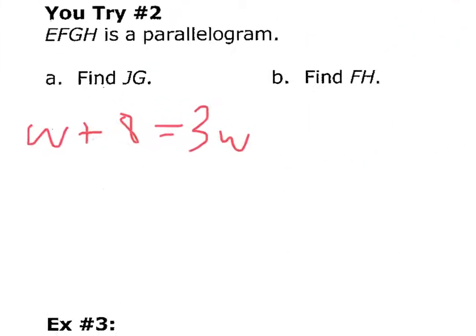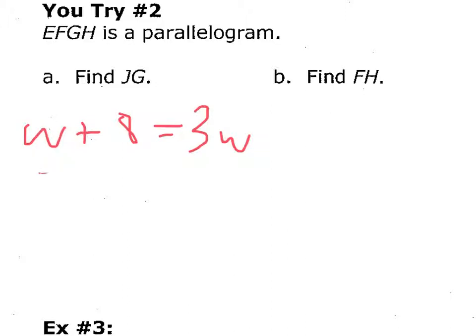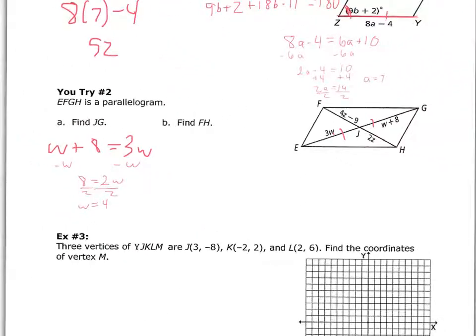Let's solve that by subtracting W out on both sides. We know that 8 equals 2W, and if you divide that by 2, W equals 4. Of course, you could plug that back in for JG, and 4 plus 8 would equal 12. So JG would end up being 12.